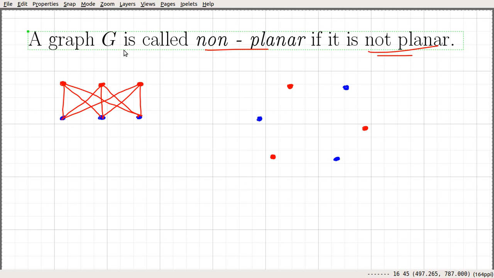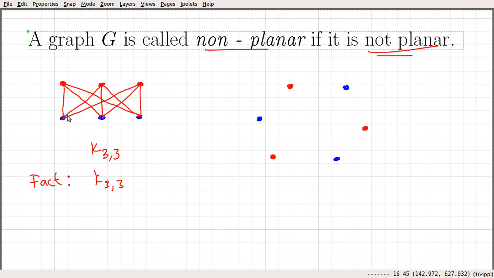If you look at this particular graph, it is nothing but a complete bipartite graph K33. K33 is a complete bipartite graph where one partite set has 3 vertices and the other partite set has 3 vertices.